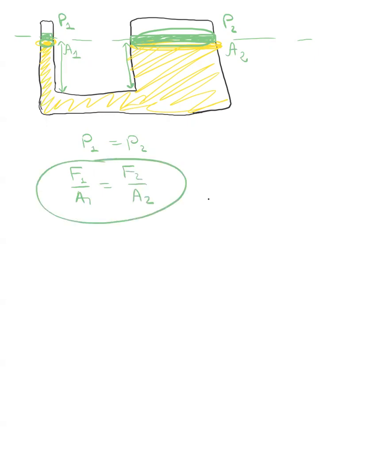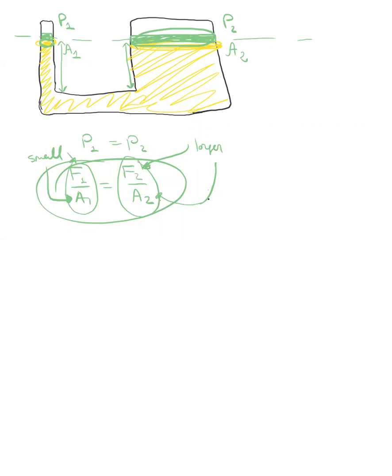So if pressure is equal, it follows that you could apply a small force where there is small area, and you would get a much larger force where you have larger area. And that's because the ratio of a small number to a small number is the same as this large number over this large number.